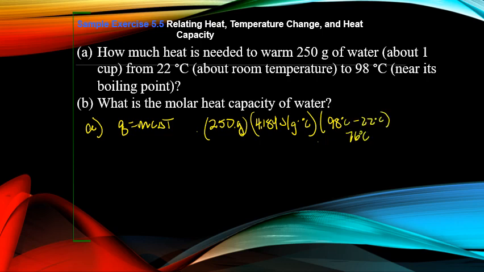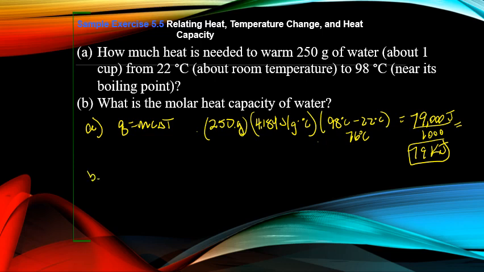So that's approximately 76 degrees Celsius. When we plug in those numbers, we get approximately 79,000 joules, and we can divide that by 1,000 and have that equal 79 kilojoules.